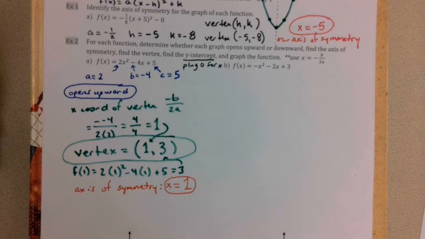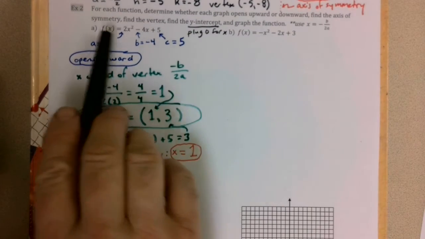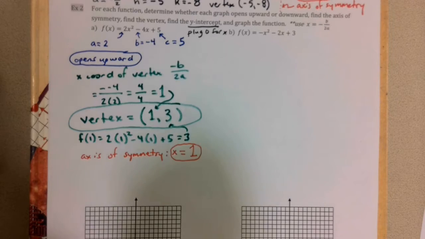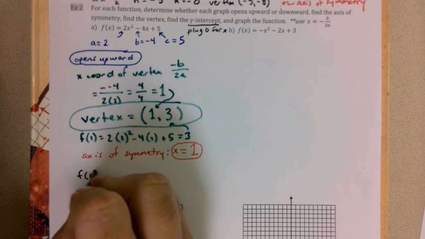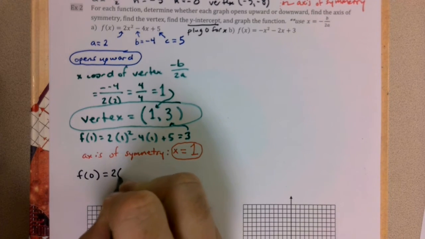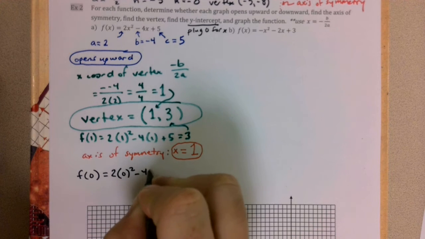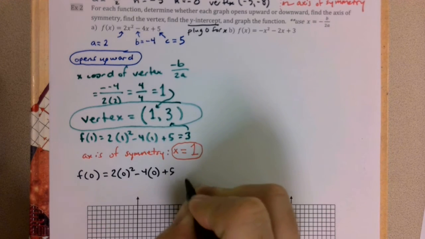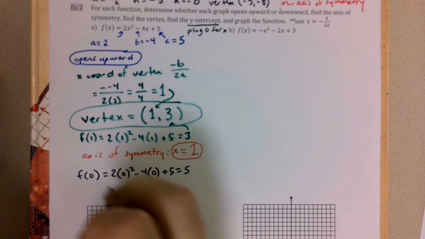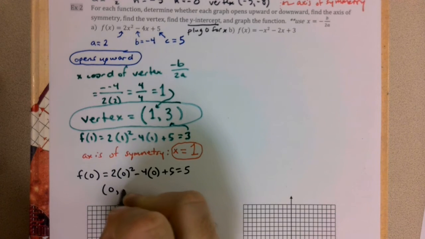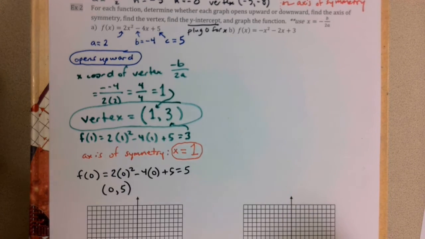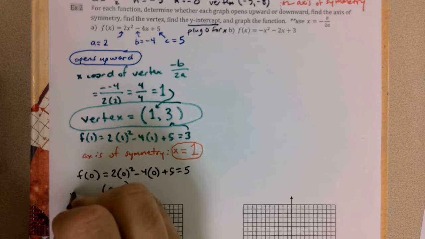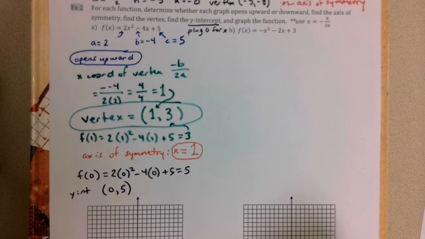So if you're finding a y-intercept, you're going to plug 0 in for x. That's like calculating f of 0, which would be 2 times 0 squared minus 4 times 0 plus 5, which is just equal to 5. So we plugged in 0 for x, and we got 5 out for y. And that is going to be our y-intercept.